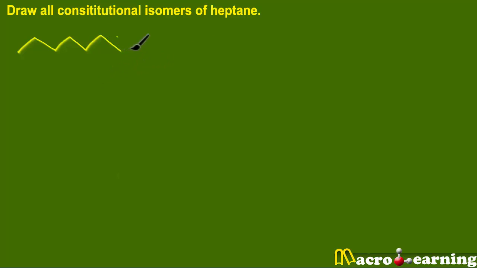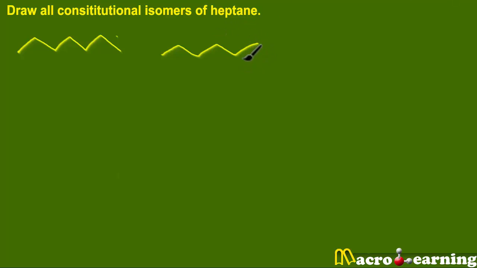So that's 1 isomer, and what I'll do is take off 1 carbon from it. We're left with a 6-carbon main chain and 1 carbon substituent, and that's only going to be a methyl group, nothing more than that.